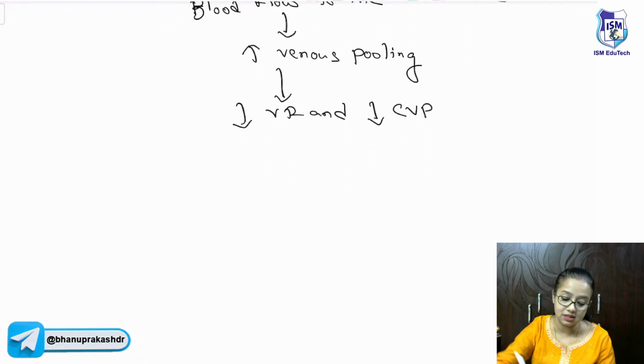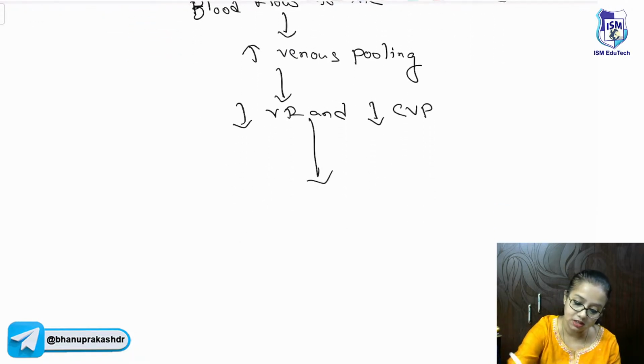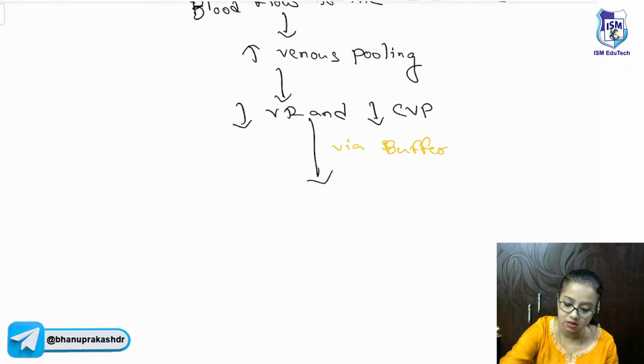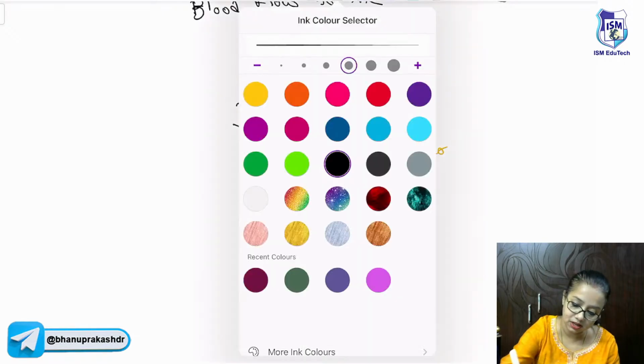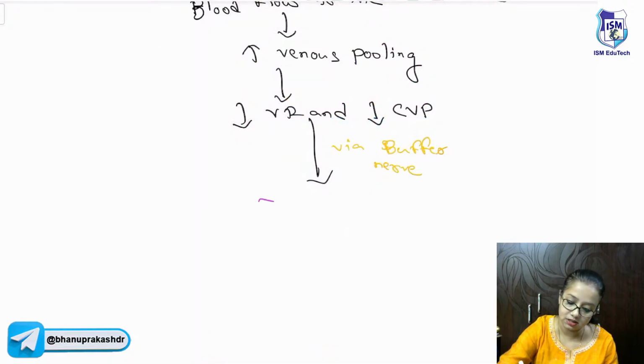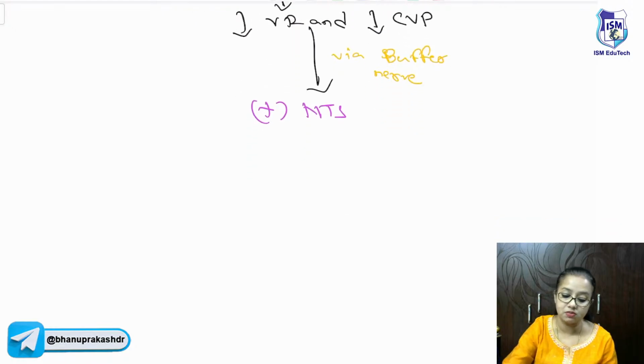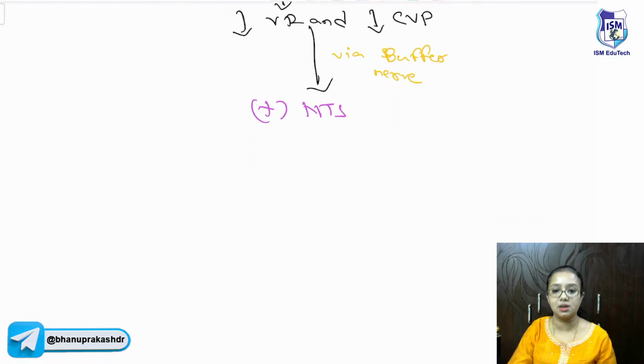So when there is a decrease in the central venous pressure, what will happen? Via the buffer or sinoaortic nerves, once again, the nucleus of tractus solitarius gets stimulated. Now, what will it see? It will see that the opposite has happened. The blood pressure has gone down.